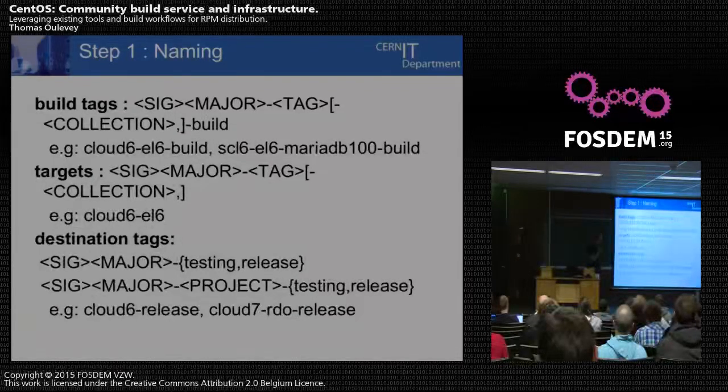I won't go into all the details because I think I would lose you. But it was discussed on the CentOS Devel mailing list, we agreed on this kind of naming, and so far we haven't had any issue with it. If you want more details about that, I can show you.